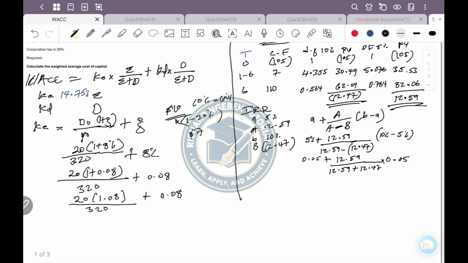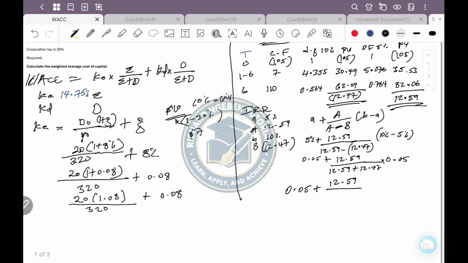So now you need to apply BODMAS here. How do you apply BODMAS? Very easy, from your primary school days, you treat this part first, then you can add. 0.05 plus 12.59, all divided by 12.59 plus 12.47.